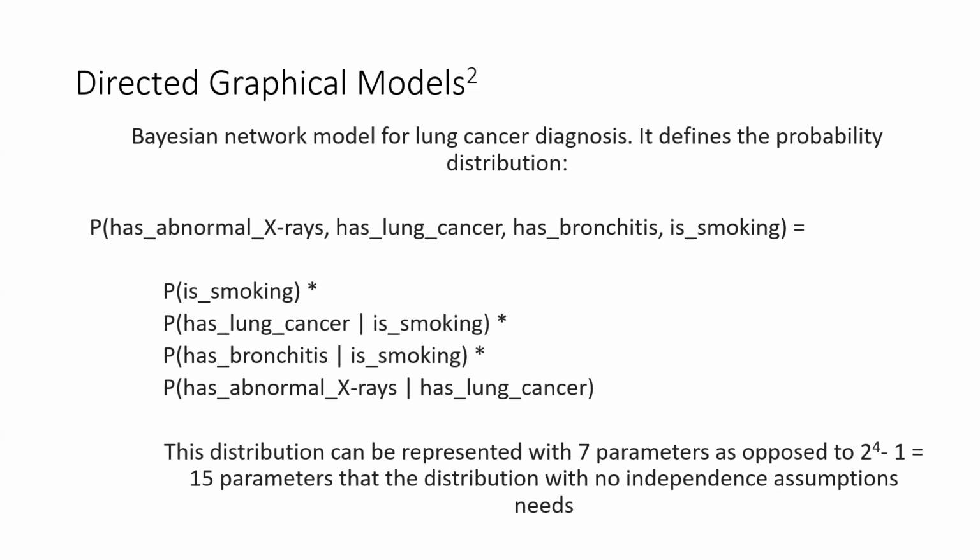While if we were trying to define the joint probability distribution in a straightforward way, it's going to be 2 to the 4 minus 1, again minus 1 because the joint probability distribution is a probability, so the sum of all of them is going to be 1. So we need 1 less to define, which is going to be 15 parameters.